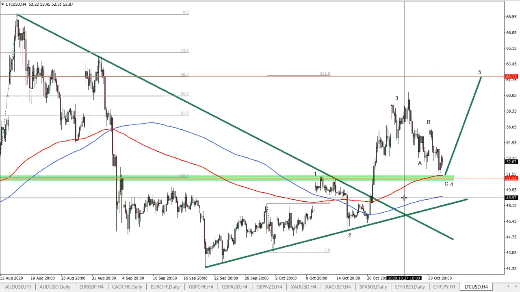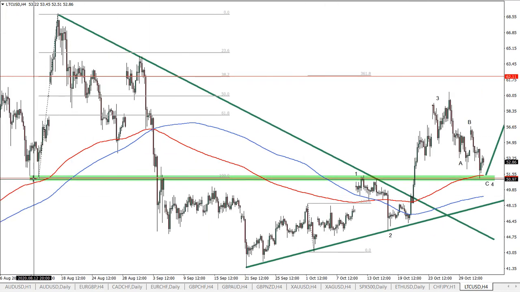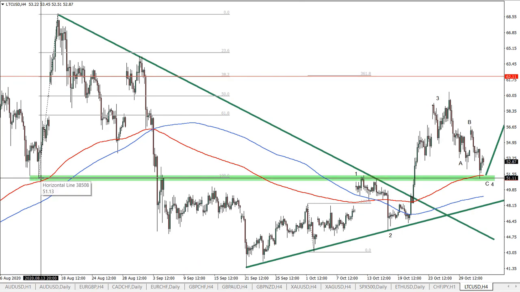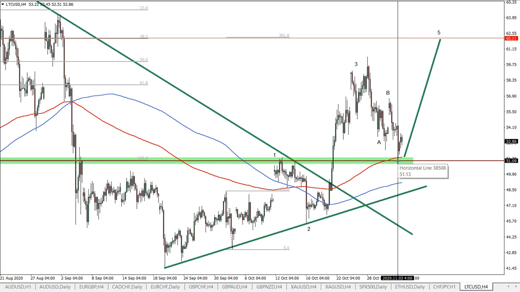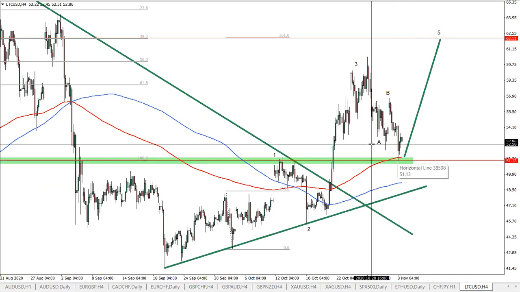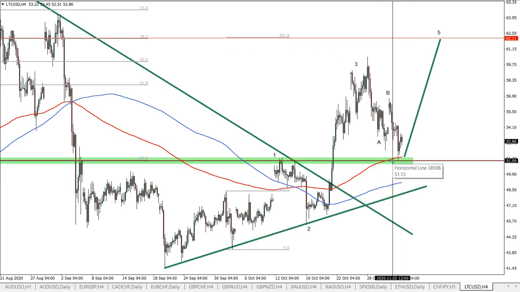In regards to the support, this support has previously acted here as the demand zone, obviously, supply, and could be the demand zone right now from this point onwards, as long as it holds, obviously.